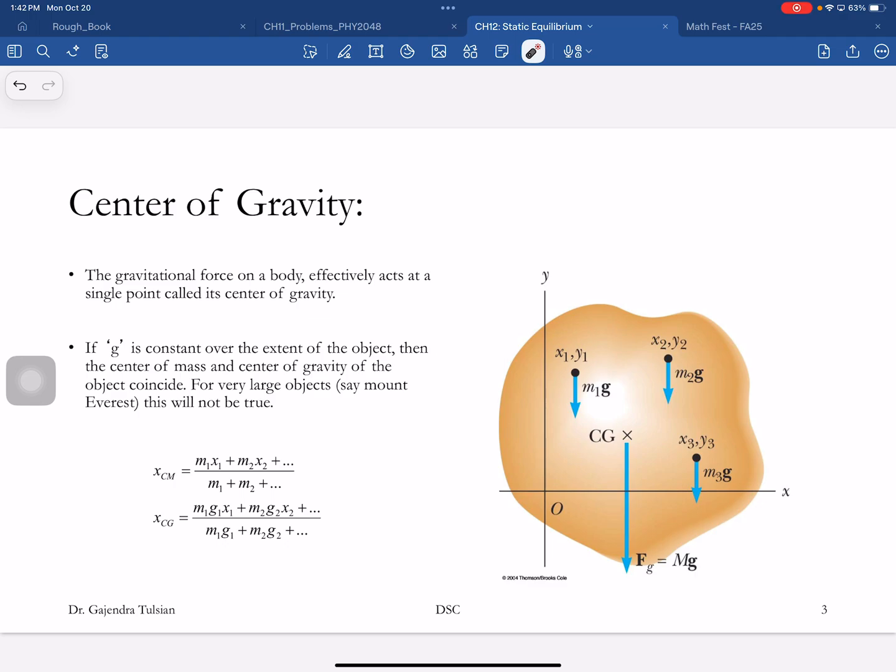For practical purposes, if you're going to be civil engineers, center of mass and center of gravity are the same. For very large objects, say Mount Everest, will the center of gravity be below the center of mass?